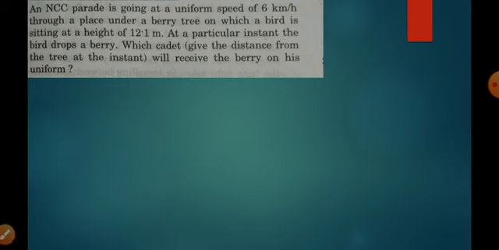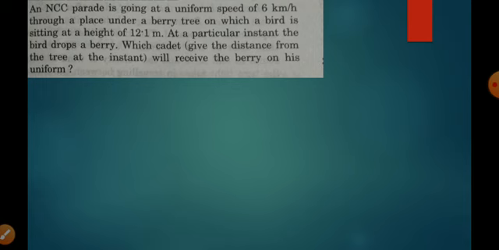The next problem is given. An NCC parade is going at a uniform speed of 6 km per hour. Here the uniform speed of the cadets is 6 km per hour. The parade passes through a place under a berry tree on which a bird is sitting at a height of 12.1 meter.